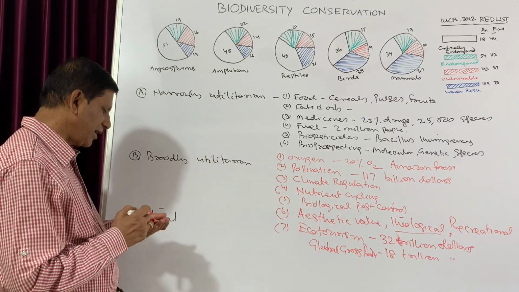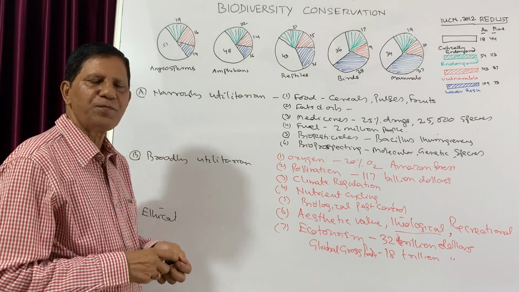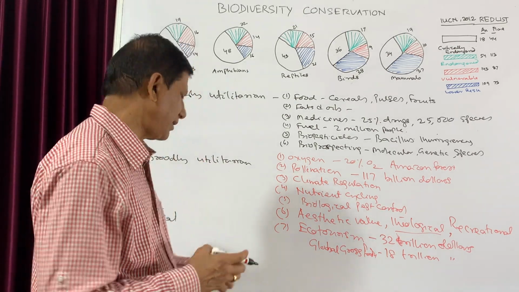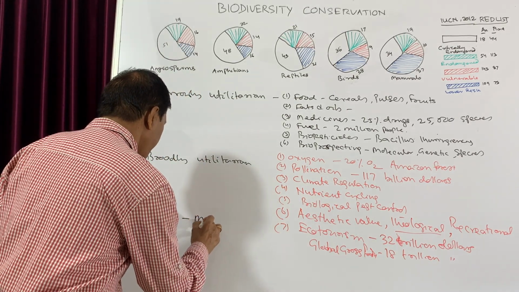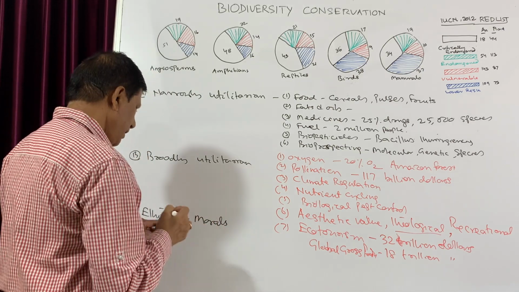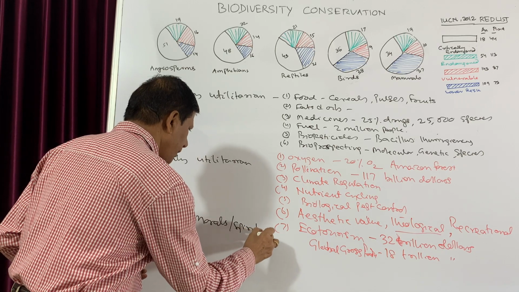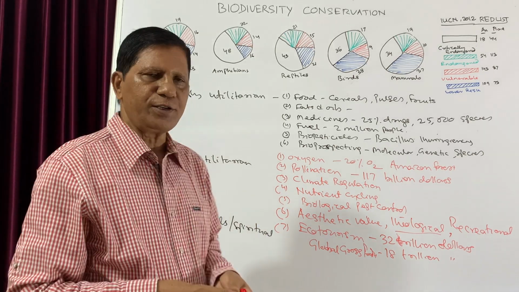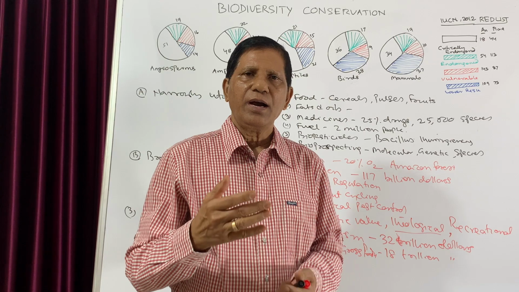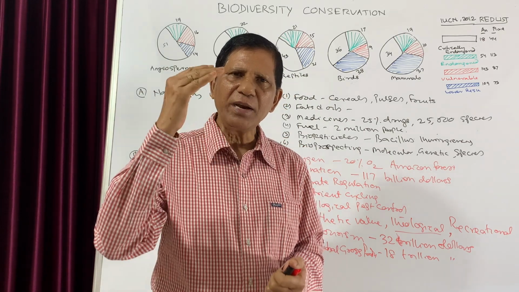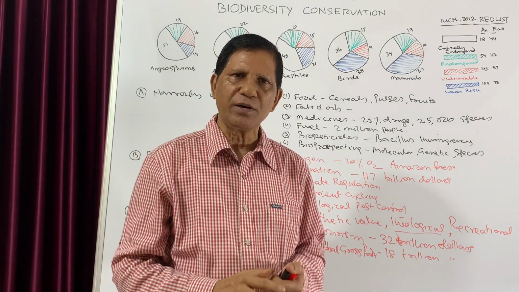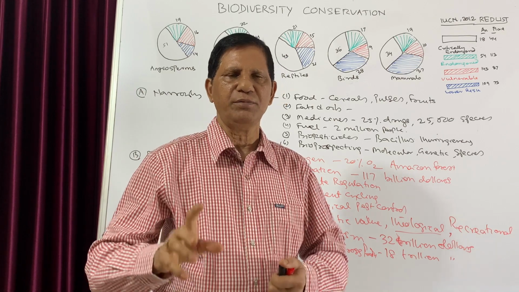The third one is ethical. Ethical means moral, or you can say spiritual. Ethical means every living organism in this biosphere has a right to live.